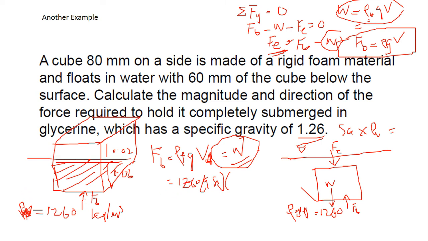So this is rho of water because it floats in water, 1000. Rho of the fluid times g times the displacement volume VD is equal to W. The rho of the fluid is 1000, times g 9.81, times the displacement volume. What is it, Syafiza? The displaced volume at the bottom here?